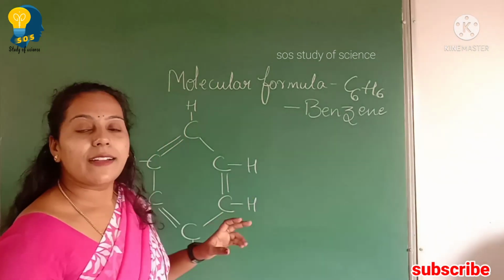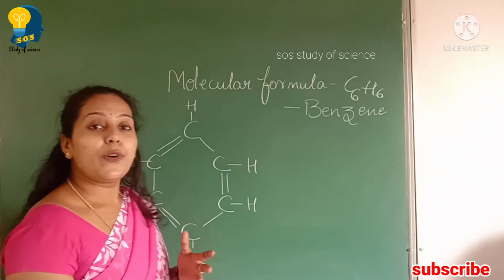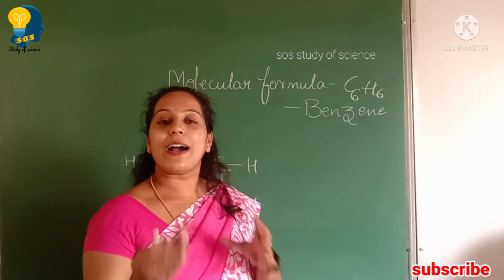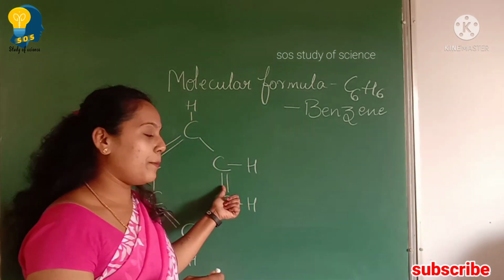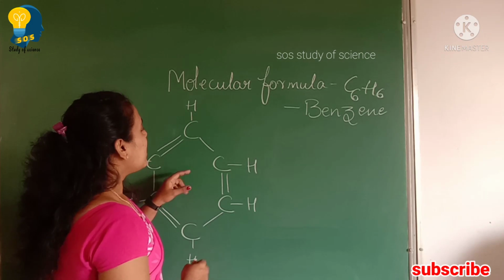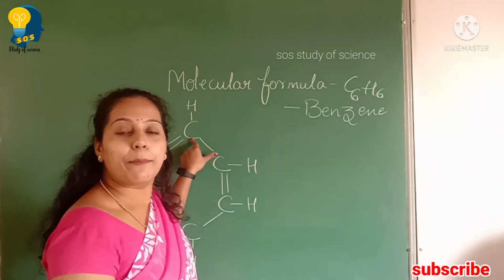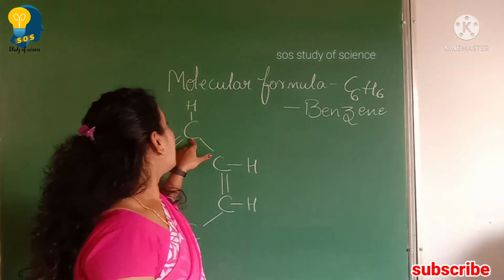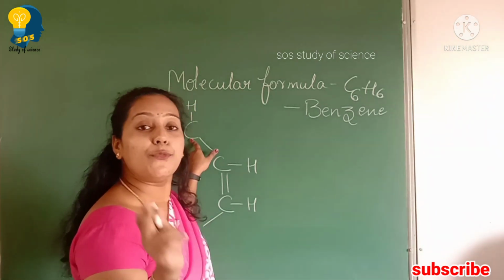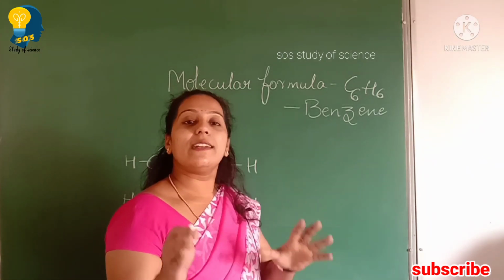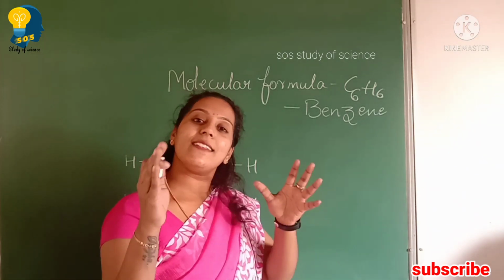Before teaching you the electron dot structural formula, you must know why in some cases there is a double bond and in some cases there is a single bond. Each carbon should be surrounded by 4 bonds. I have taught you in my revision video that every carbon will have 4 bonds. That means 4 bonds is nothing but 8 electrons, so that the carbon has a feeling that it is satisfied.